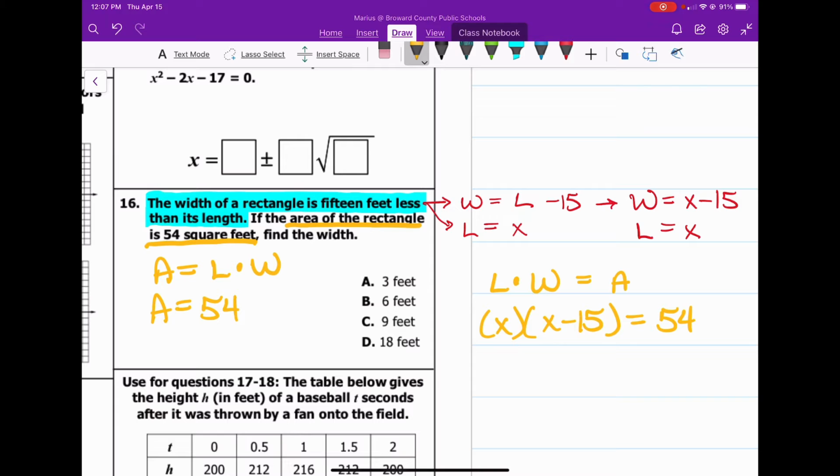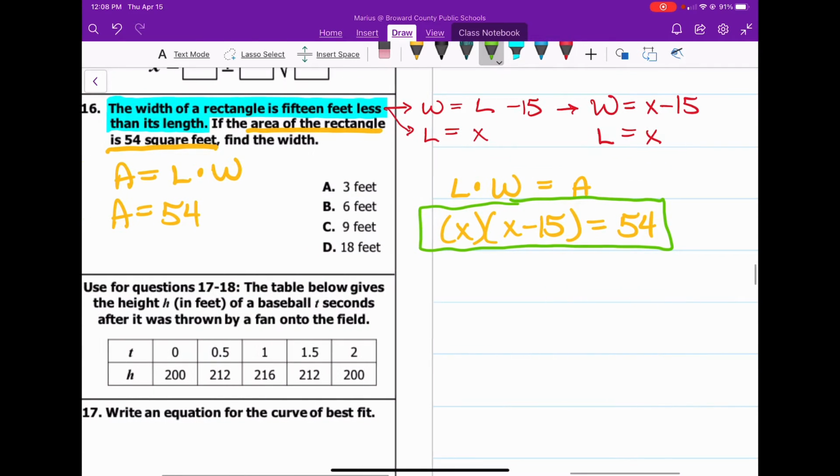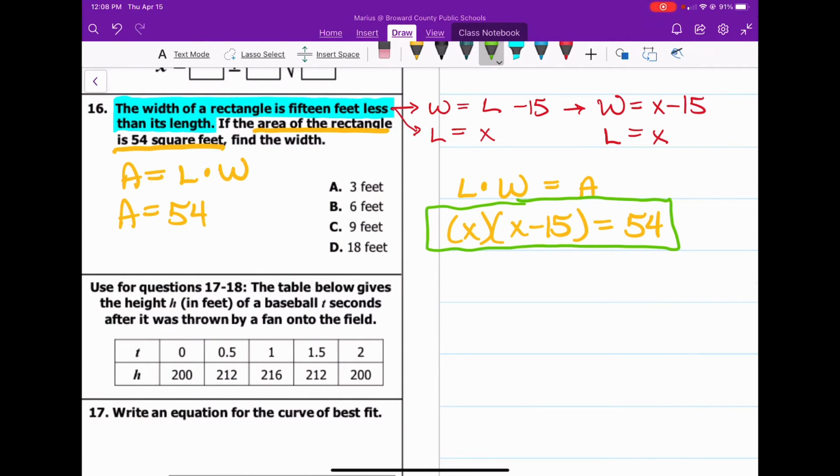So this right here is the equation that we're gonna use to solve for the width. We want to find the width, so let's go ahead and solve for X, and then we'll be able to figure out what we need to do to move forward to our answer.